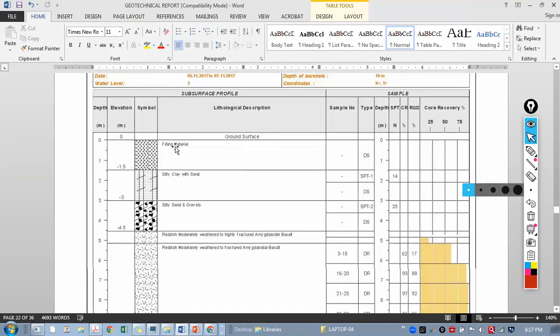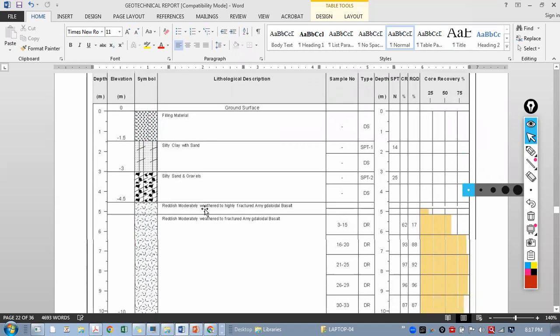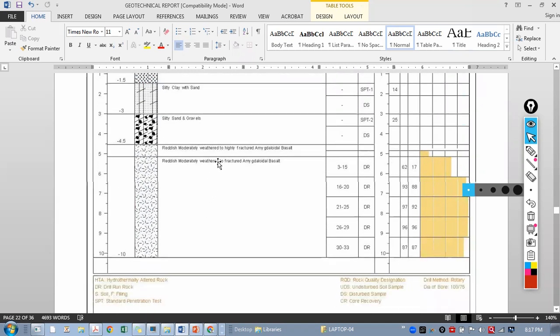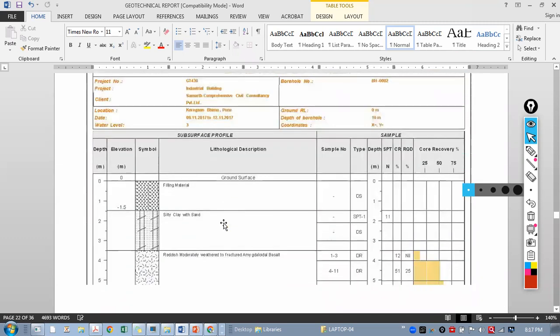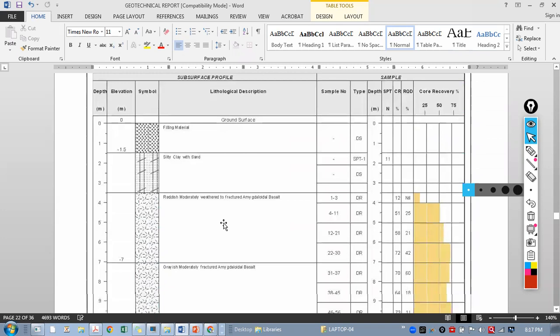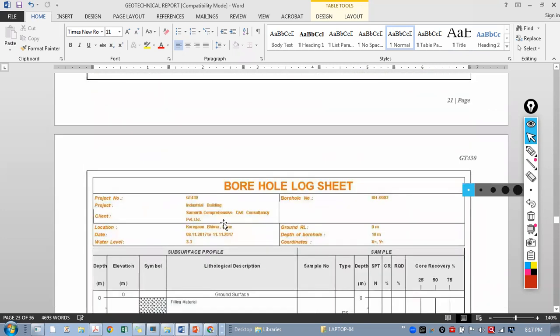0 is the ground level. And then as you go below the ground, the filling material, this is the ordinate minus 1.5, minus 3 is the silty clay, minus 4.5 is the silty sand. Then this is weathered basalt, compact basalt like this. So all bore log sheets are there for all bores, 11 numbers.